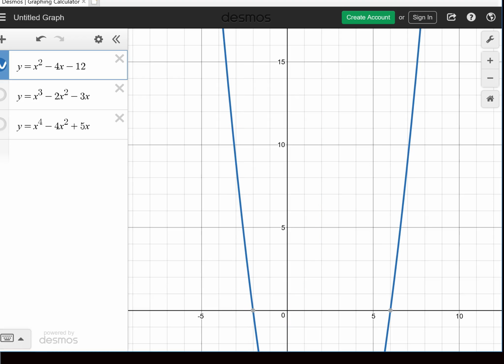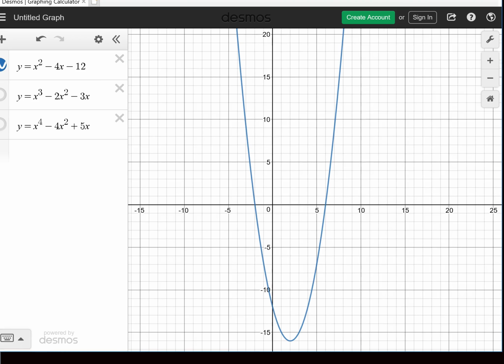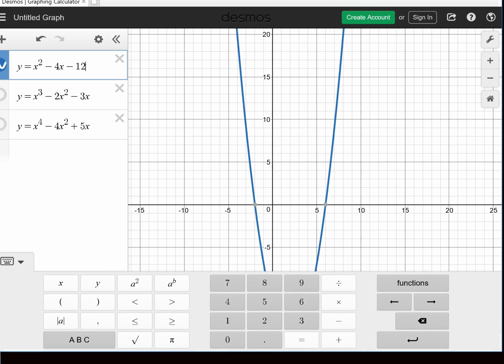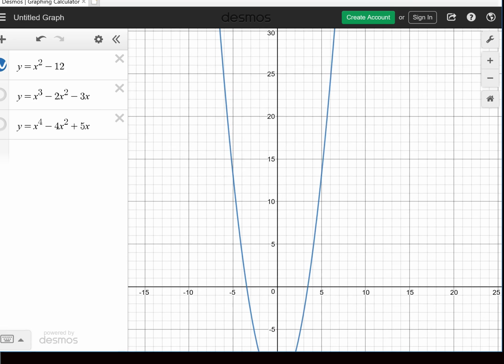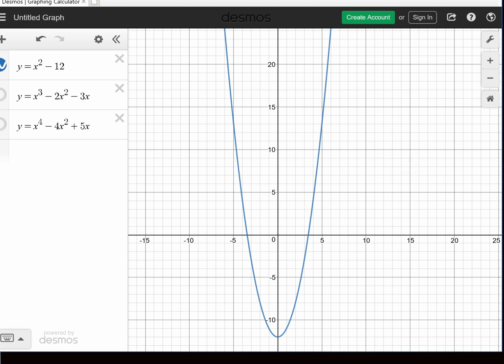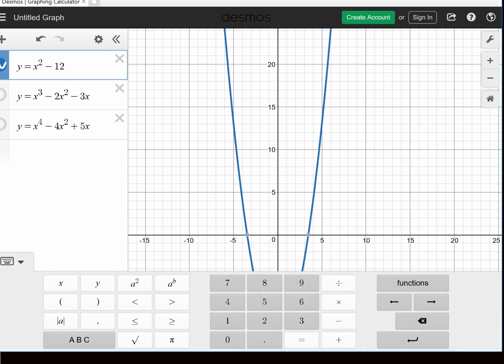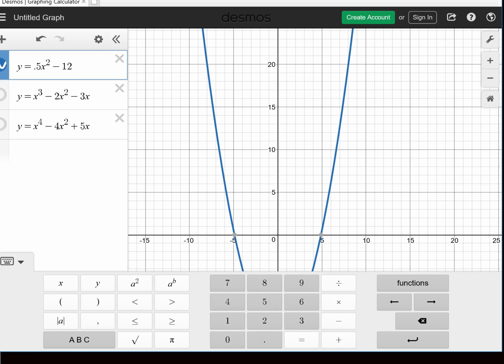This is going to be the same for x squared. If I look at x squared, I could do other stuff to this, like let's get rid of the 4x. Am I still going to get the same end behavior with that leading term being x squared? I am. Now, what if I put in 0.5 x squared?